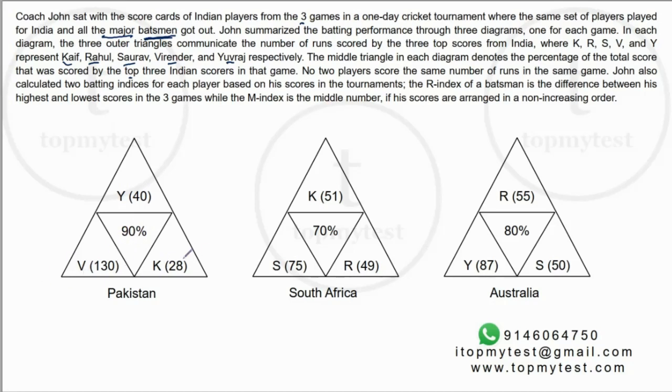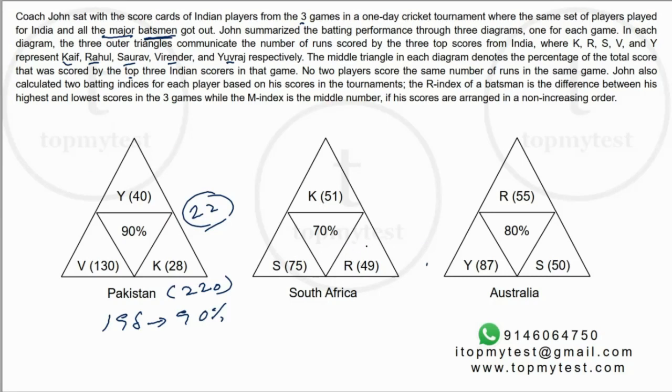So for instance, here Pakistan, so 170 plus 28, 198 represents 90% of the score against Pakistan. So which means against Pakistan, India scored 220, right? India scored 220, right? So the balance 220 minus 198, 22 runs were scored by the other batsmen, all the batsmen combined.